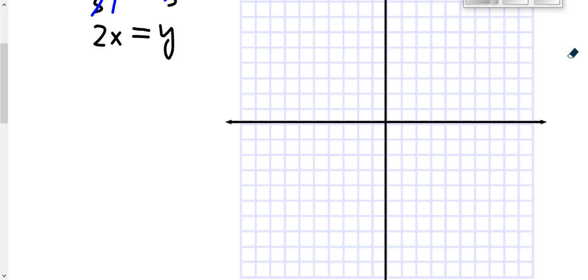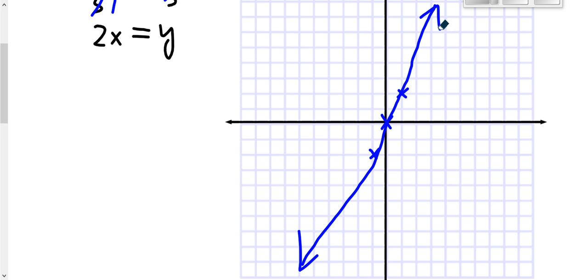Okay, so we have 0, 0, and then 1 and 2, and then -1 and -2. So we can make a good graph. Well, try to use a ruler. Sorry, this doesn't look like a straight line at all. Anyway, so we have something like that.